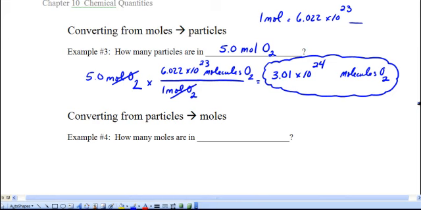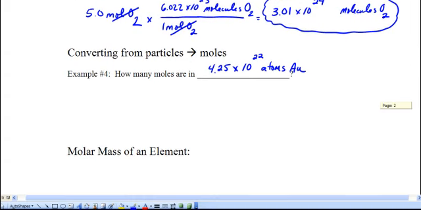Now what about going the other way? How many moles are in, let's just say we have 4.25 times 10 to the 22nd atoms of gold, which is Au. So as we scroll down here, let's go ahead and do the same type of conversion.